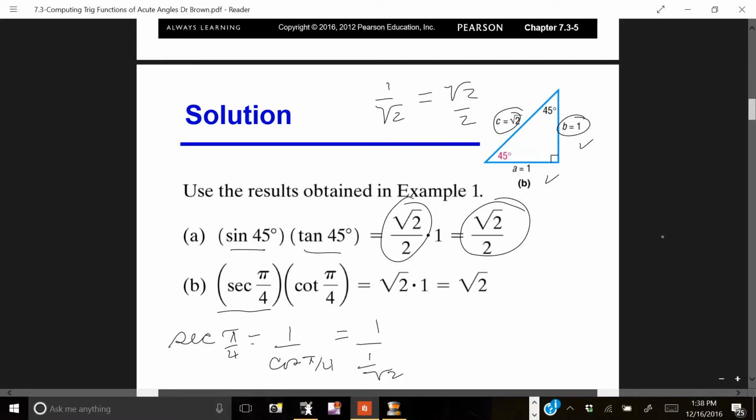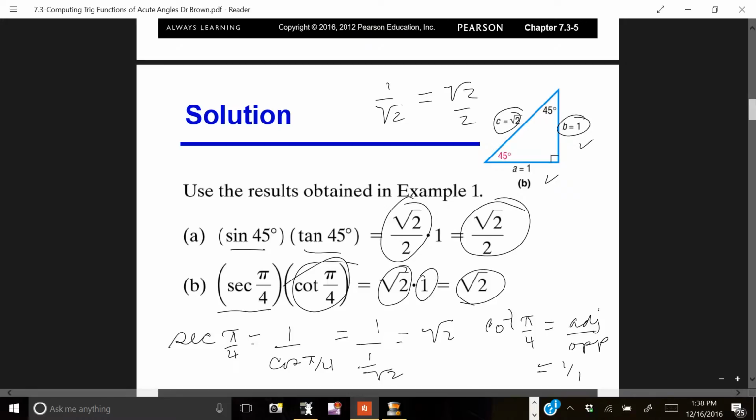So the reciprocal of that is the square root of 2. And then cotangent of pi over 4 is equal to adjacent over opposite, which is just 1 over 1. So our answer is the square root of 2 times 1 equals the square root of 2. Pretty simple.